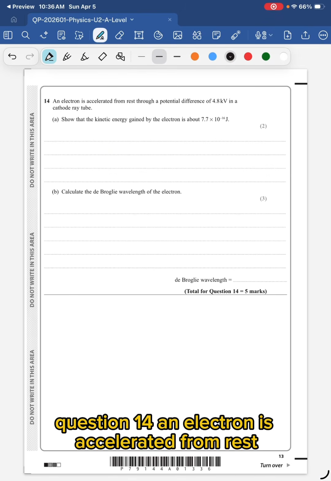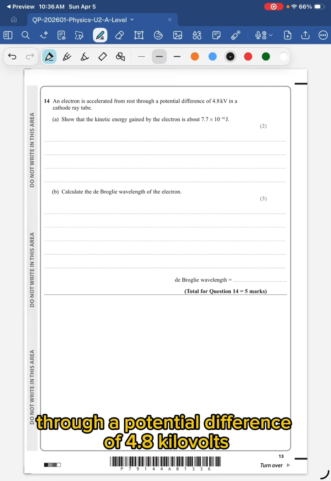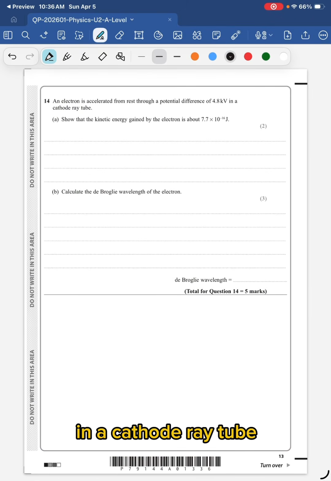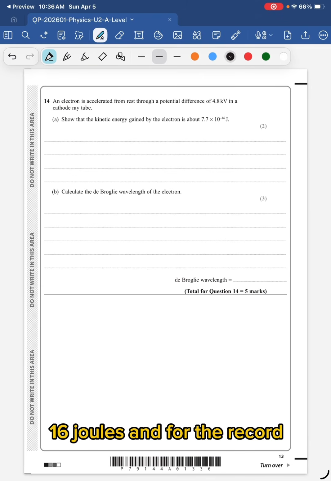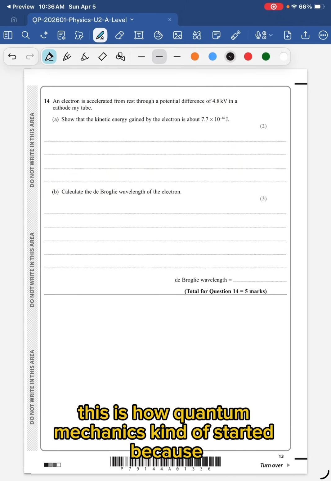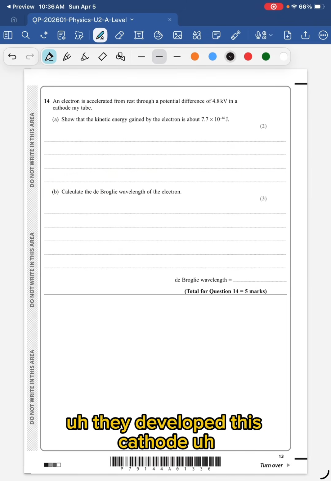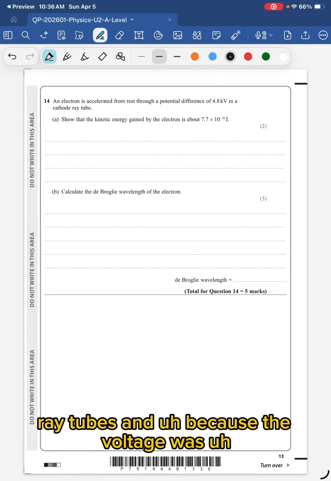Question 14. An electron is accelerated from rest through a potential difference of 4.8 kilovolts in a cathode ray tube. Show that the kinetic energy gained by the electron is about 7.7 times 10 to the negative 16 joules. And for the record, this is how quantum mechanics kind of started, because they developed these cathode ray tubes.